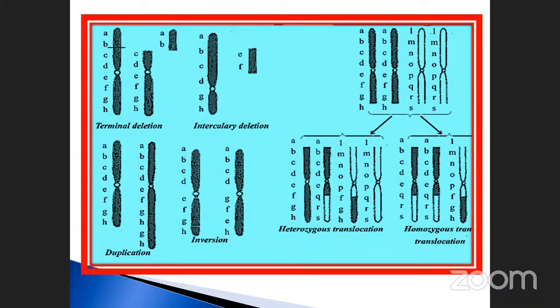See here. Take an example. This is one chromosome, considered as A. Then the next one you consider as B. This one is another chromosome.